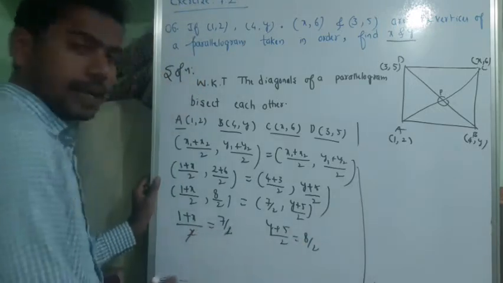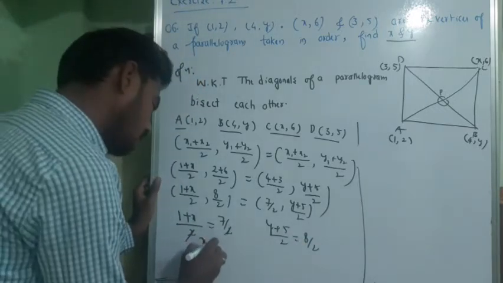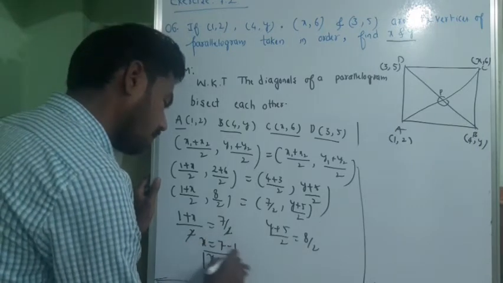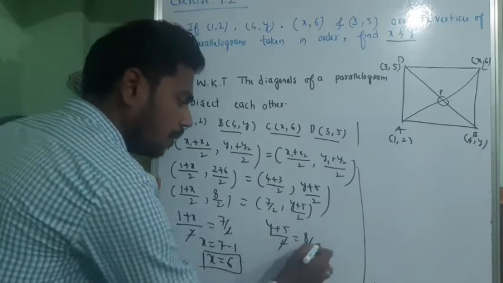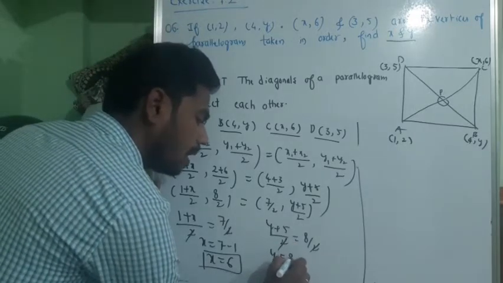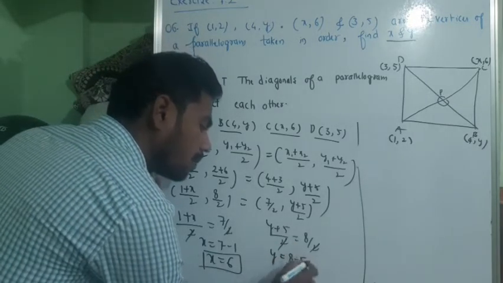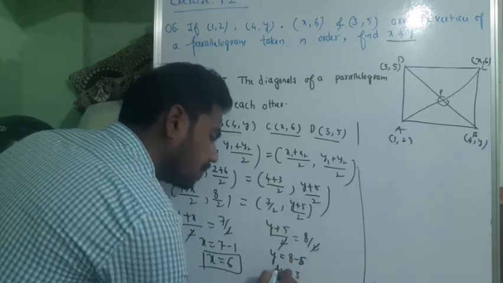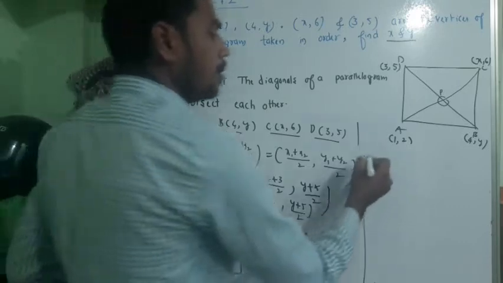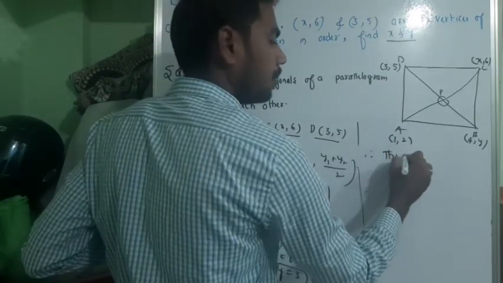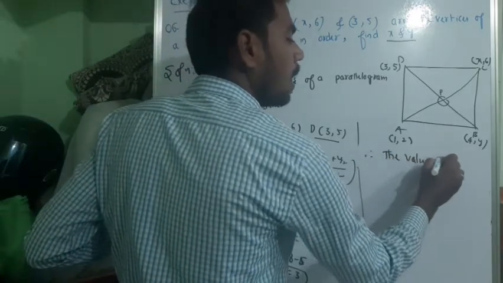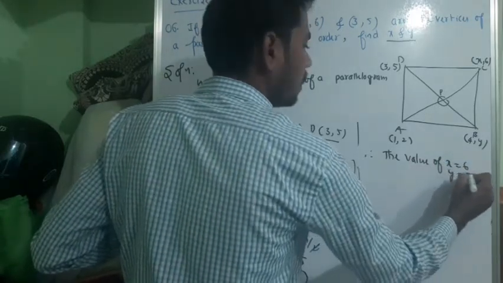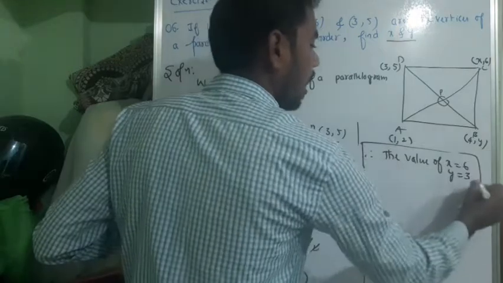Now 2 will get cancelled. So x is equal to 7 minus 1, x is equal to 6. Here 2 will get cancelled, y is equal to 8 minus 5, so y is equal to 3. Therefore the value of x is equal to 6 and y is equal to 3. This is the required answer.